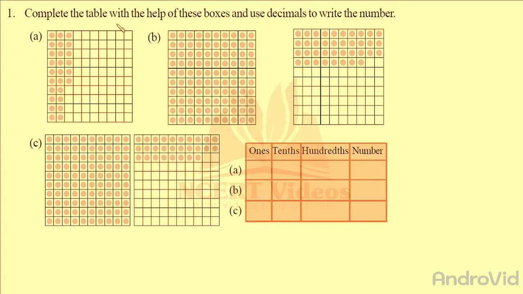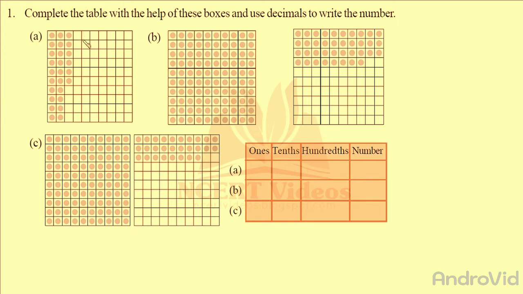Question 1. Complete the table with the help of these boxes and use decimals to write the number. So we are given boxes containing 100 points respectively.